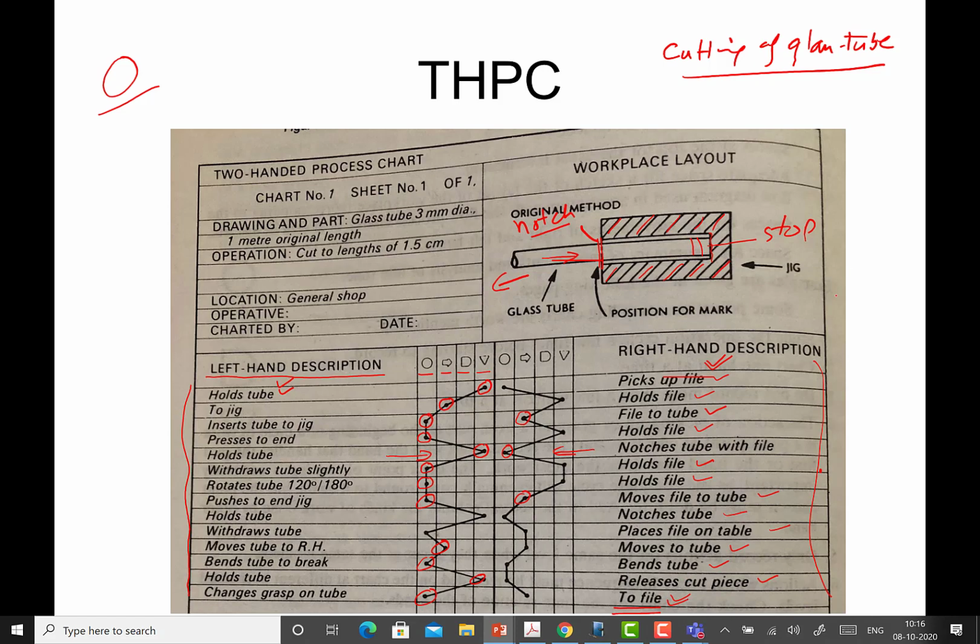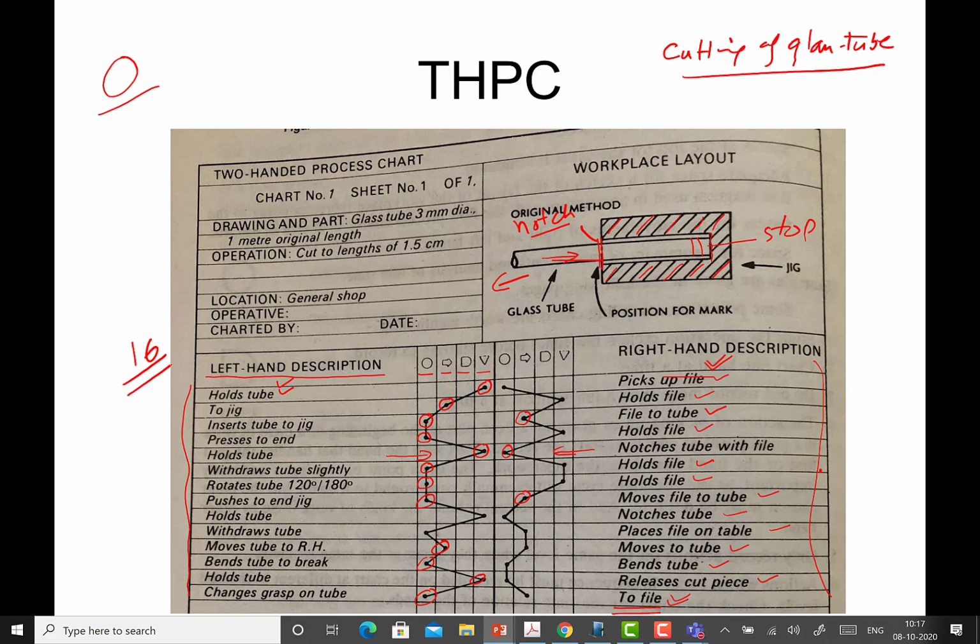So in every cycle the file is placed on the table and picked up. The dropping and picking up of the file is one thing, and apart from this the number of activities needed is say 16 in this way of doing things.